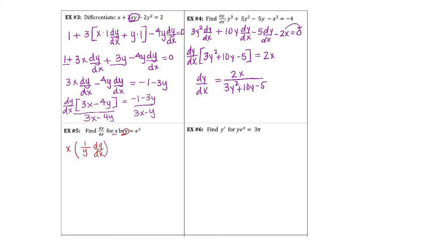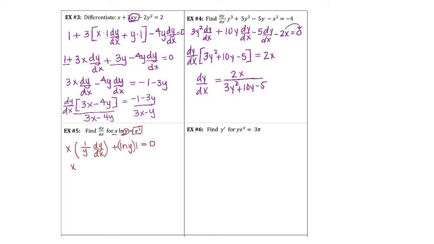So there's first times the derivative of the second plus the second times derivative of the first, which is going to be 1, equals the derivative of e cubed. Now that's just going to be 0. There's no x's here whatsoever. That's a constant value. So let's see, we need to subtract our natural log of y over.